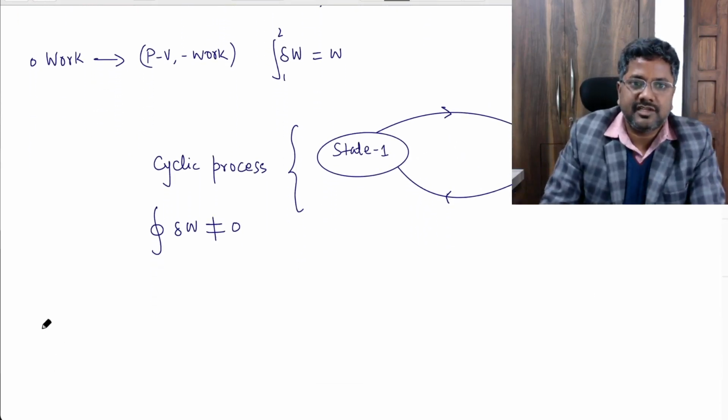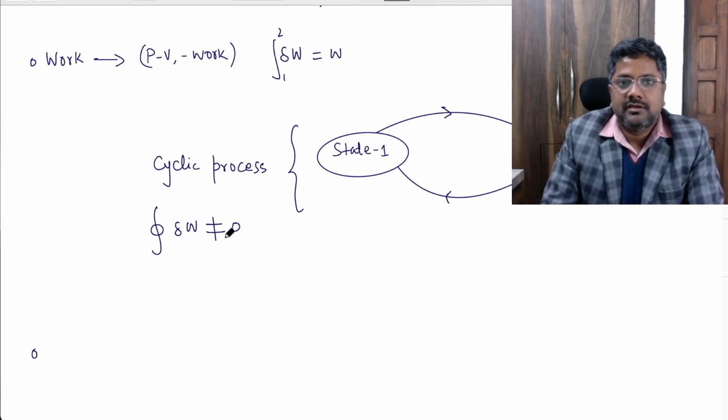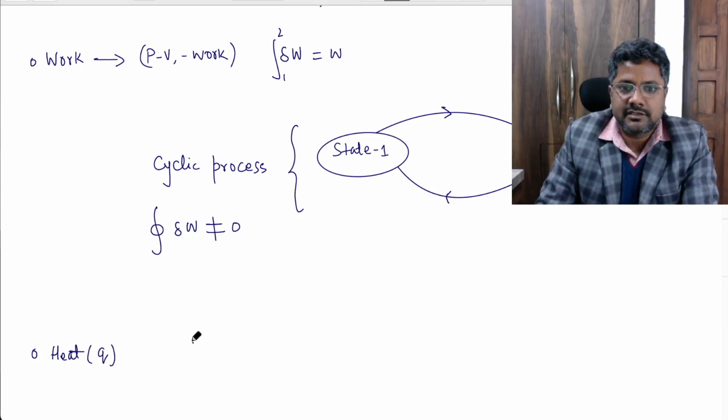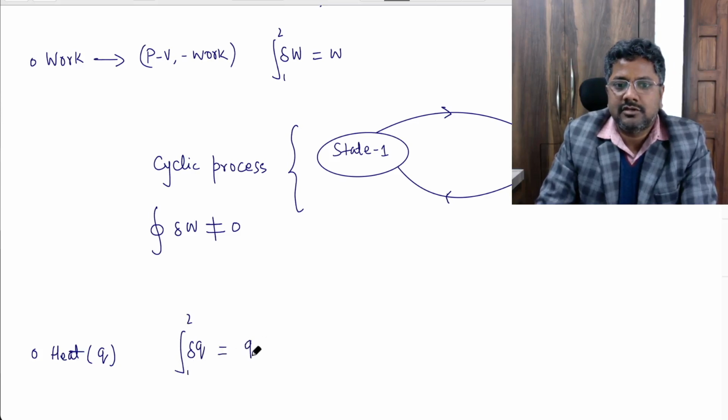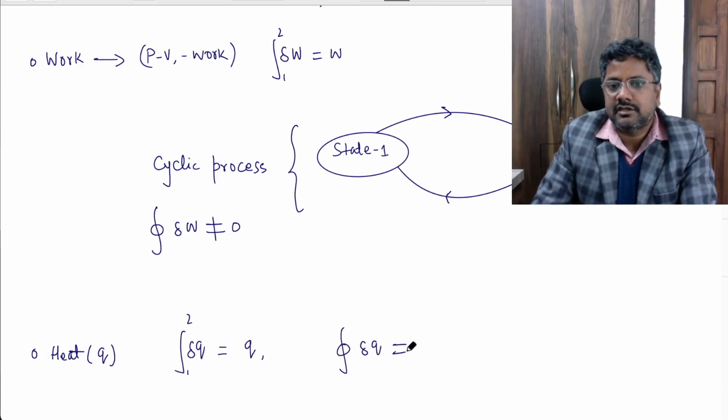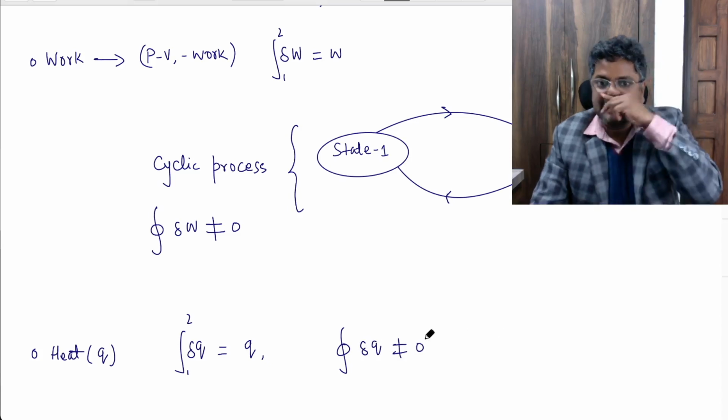Now, see. Another physical quantity that is a path function is heat, represented by Q. So the integral of δQ from 1 to 2 is equal to Q, and the cyclic integral of δQ is not equal to 0, right?